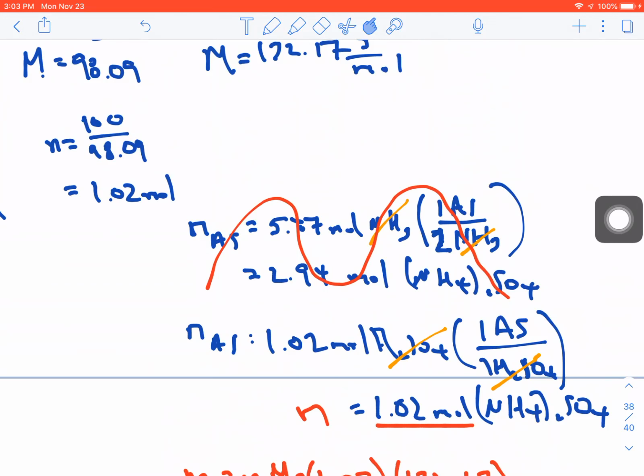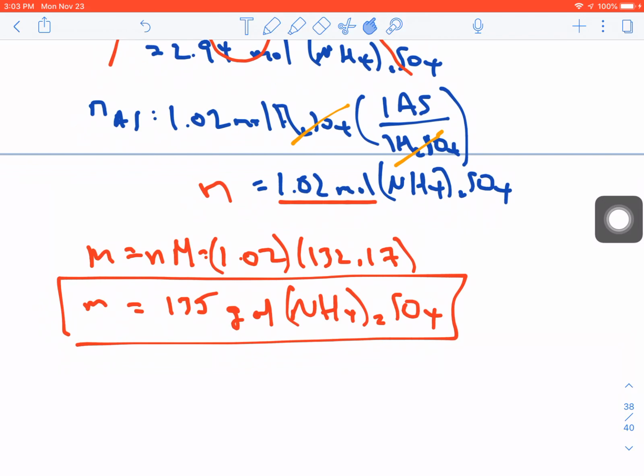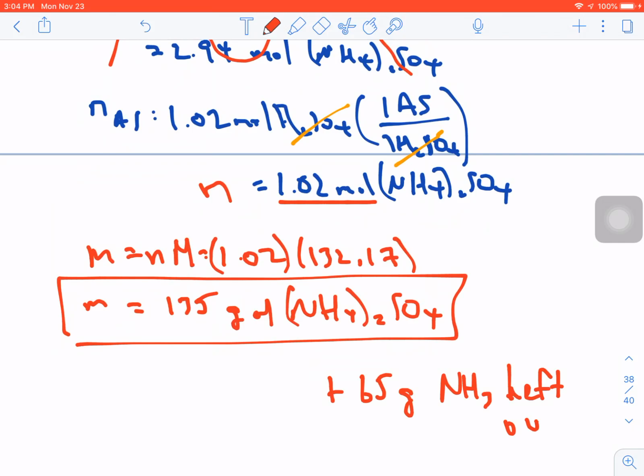So when I was done, if I actually get 135 grams of (NH4)2SO4, okay, the question doesn't ask this, but I'll end up with 65 grams of NH3 left over. Remember, it was never used. I had too much NH3.